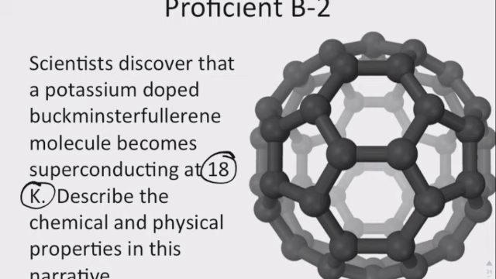Since it's that cold, we would say that it's solid, and we would say that it's superconducting. That would be another physical property of it. A chemical property of it, since it's superconducting, we would say that in this substance it doesn't react with anything else. It stays by itself, and since it's unreactive, that would be a chemical property.